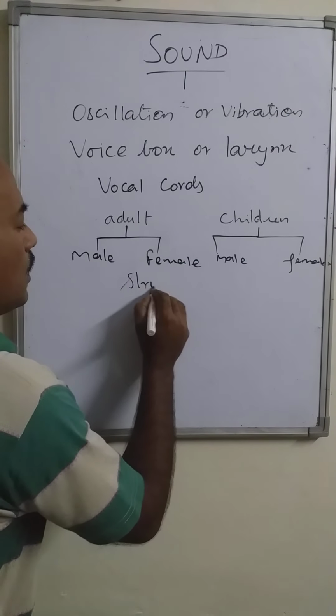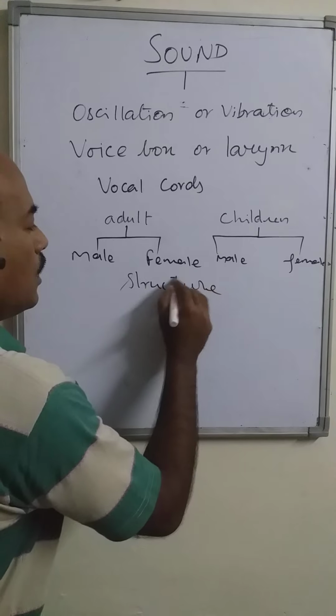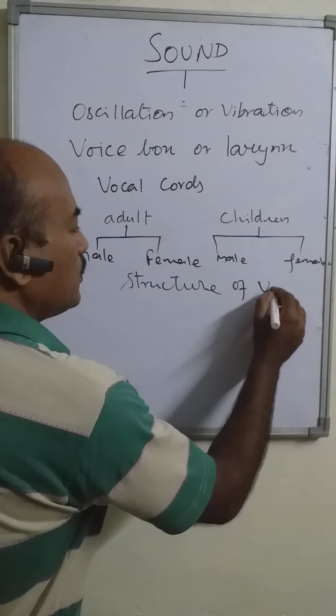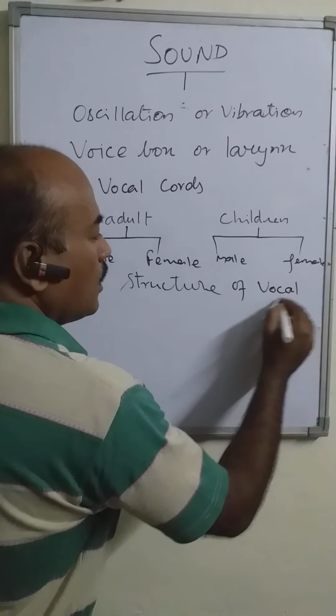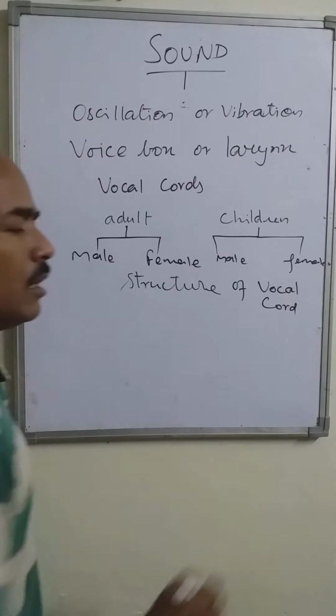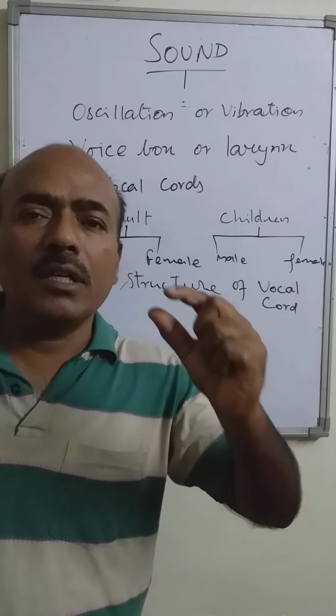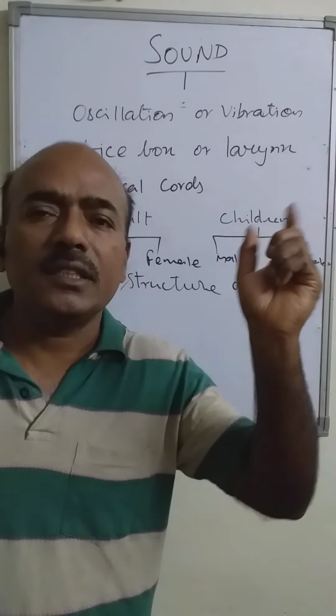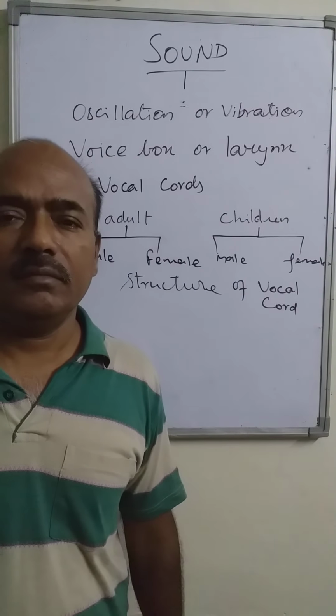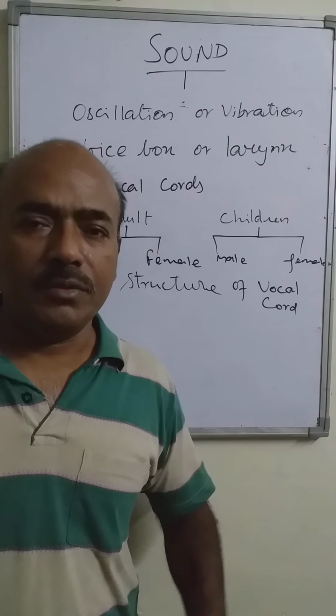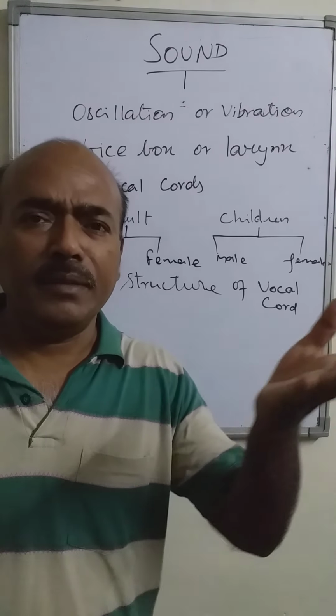Structure of vocal cord means the size and thickness of vocal cords of every individual is different. You see, look in your own family.